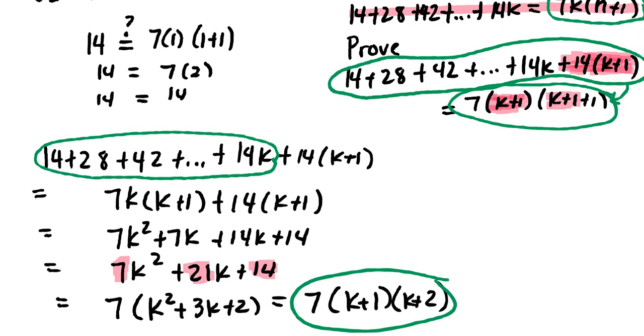So now that I've proven condition 1 and condition 2, I can now say that the statement is true for all values of n, all natural numbers n.